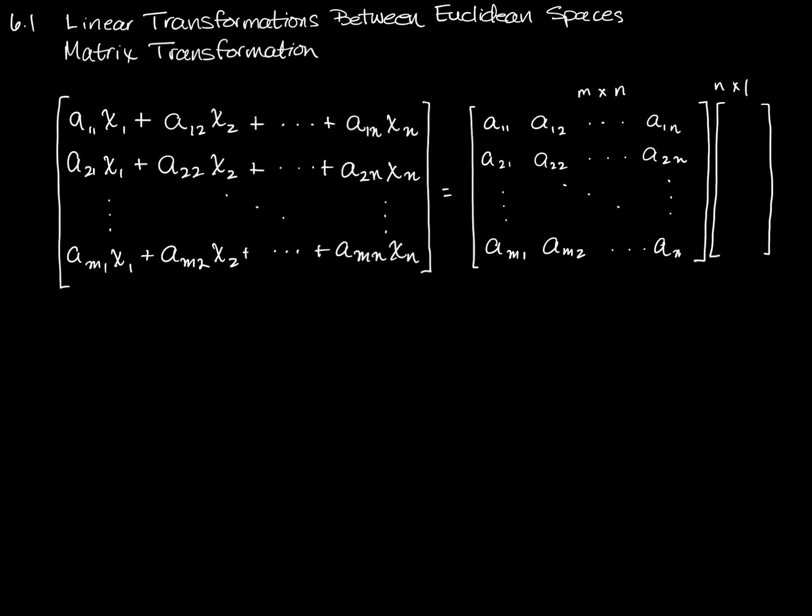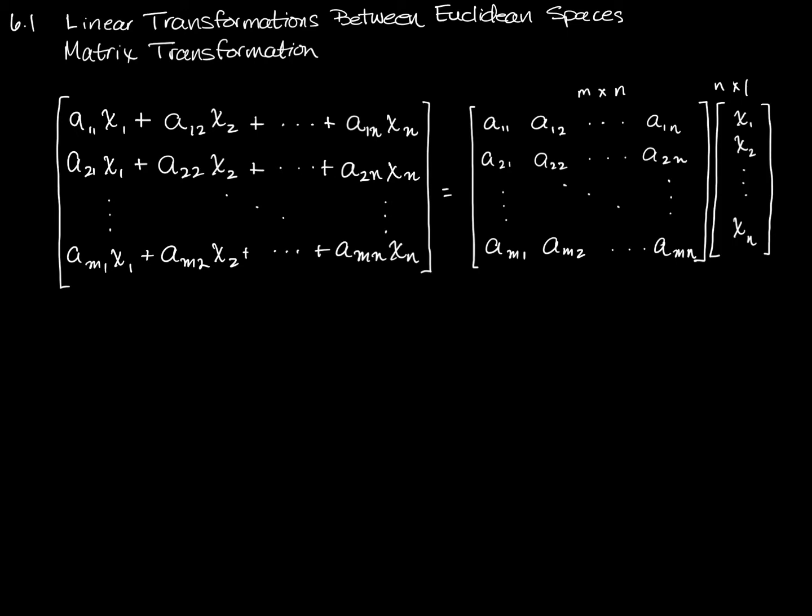There is my coefficient matrix. And if I multiply that by this variable matrix, if I do this matrix multiplication, I will get this m by 1 matrix.